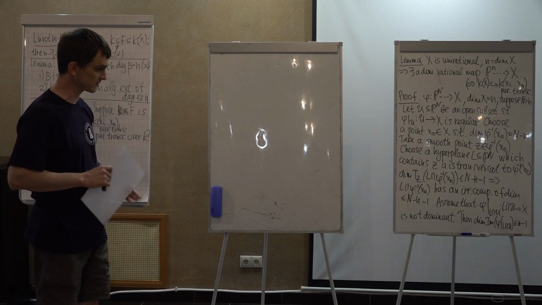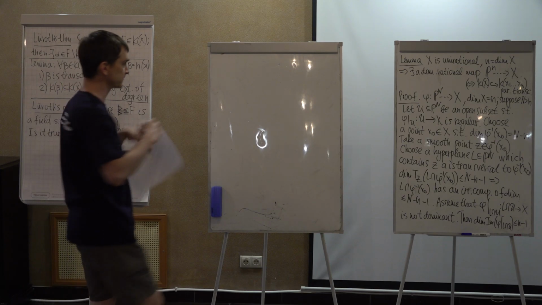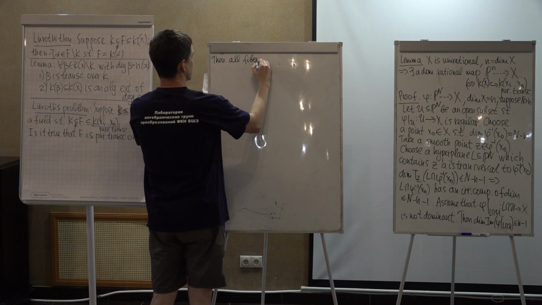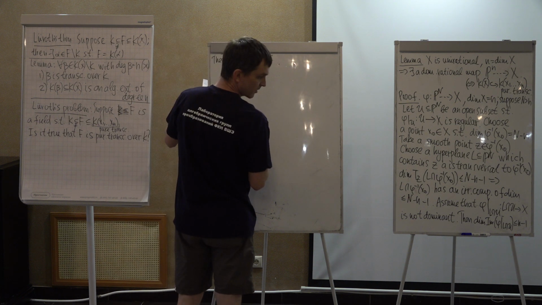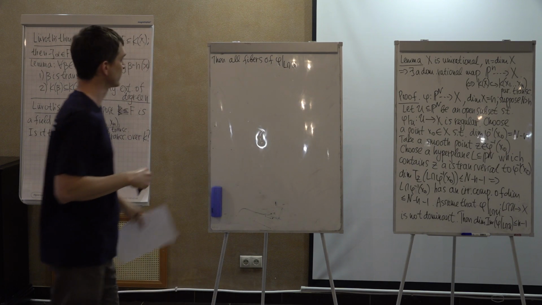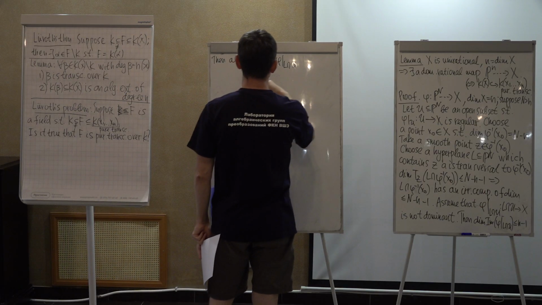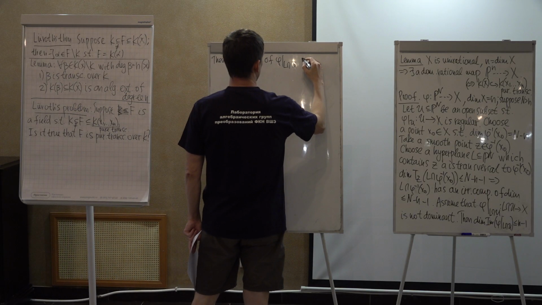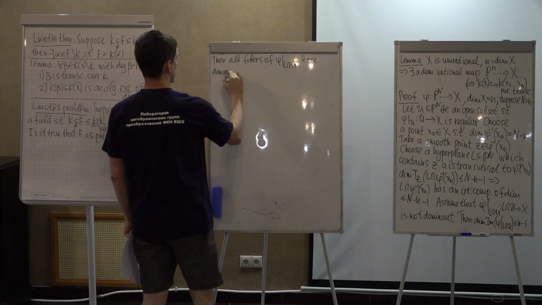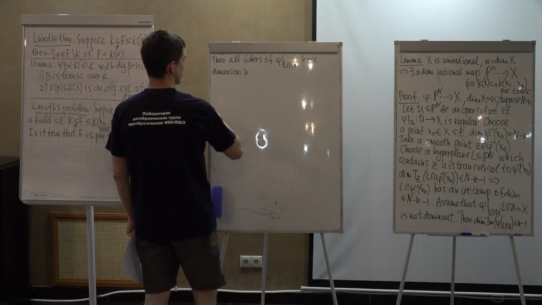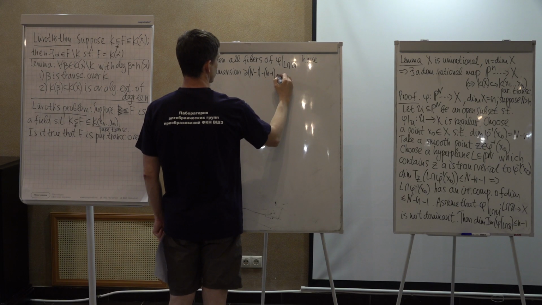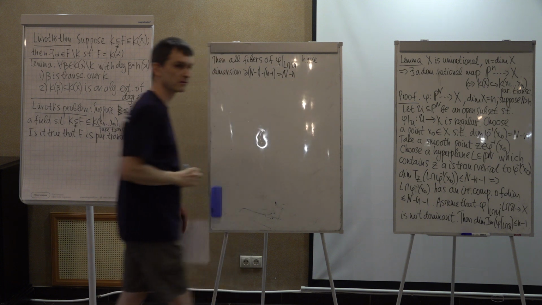The image has this bound on its dimension, then all fibers of phi restricted to L intersected with U have dimension at least N minus 1 minus (n minus 1), which is N minus n.